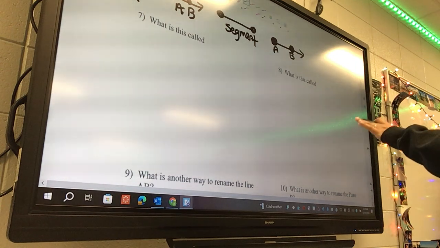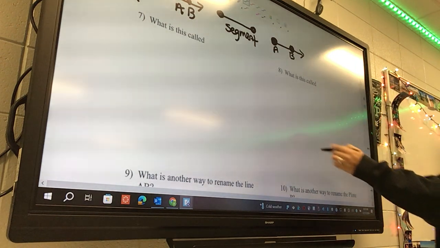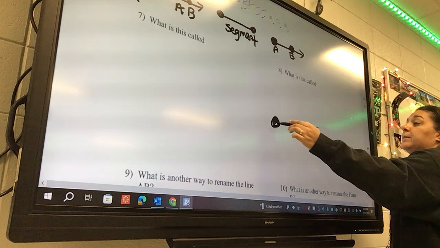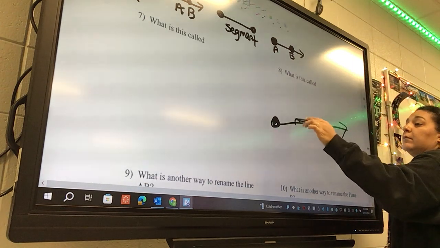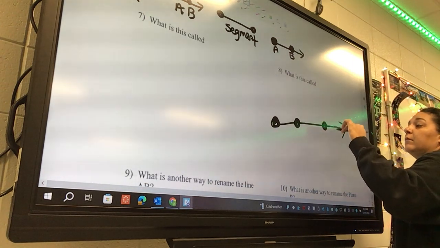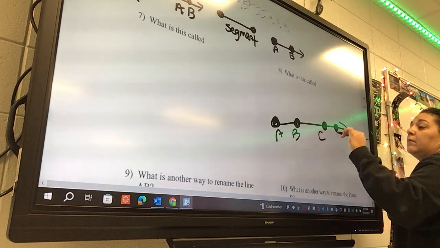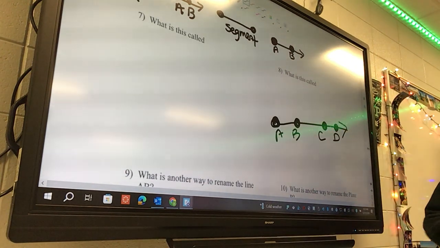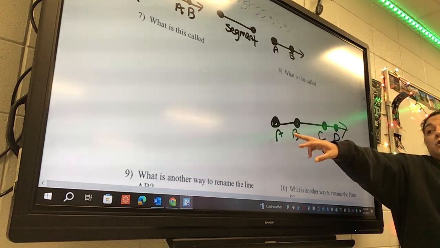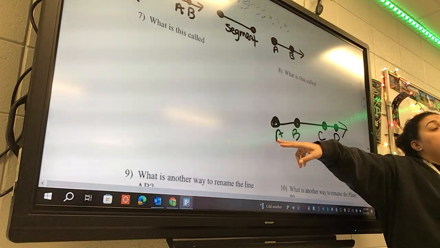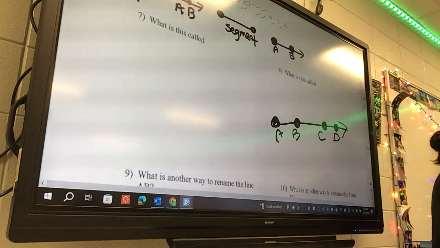I'm going to just draw down here, don't write this stuff down, but if we have a ray that's like this, when we label the ray, you pick a starting point. So you can call it A, and then you have to use the last point that it goes through.